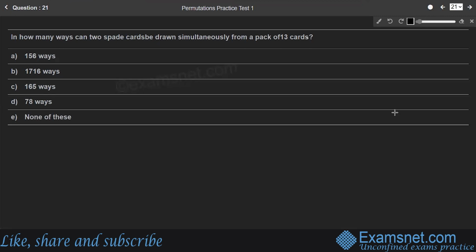Question 21. In how many ways can 2 spade cards be drawn simultaneously from a pack of 13 cards? So that means we have to select 2 cards out of 13 cards. In how many ways can we draw 2 spade cards out of 13 cards?